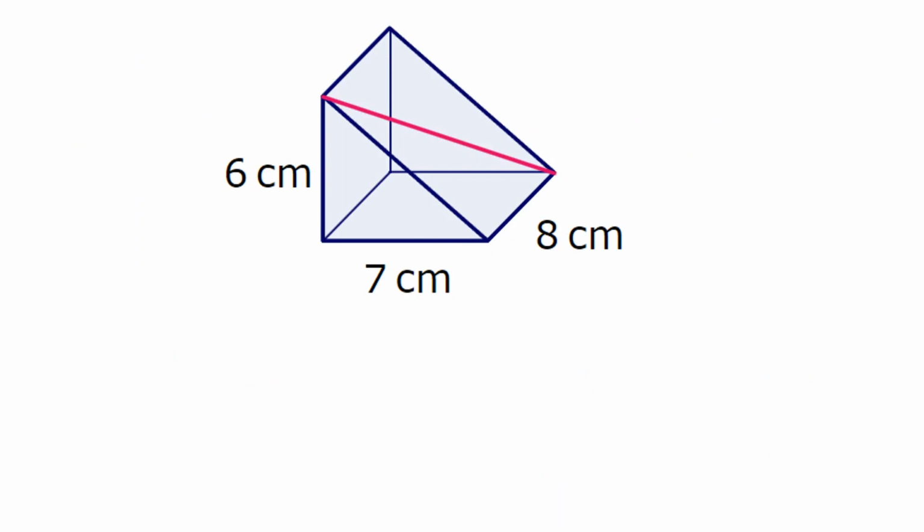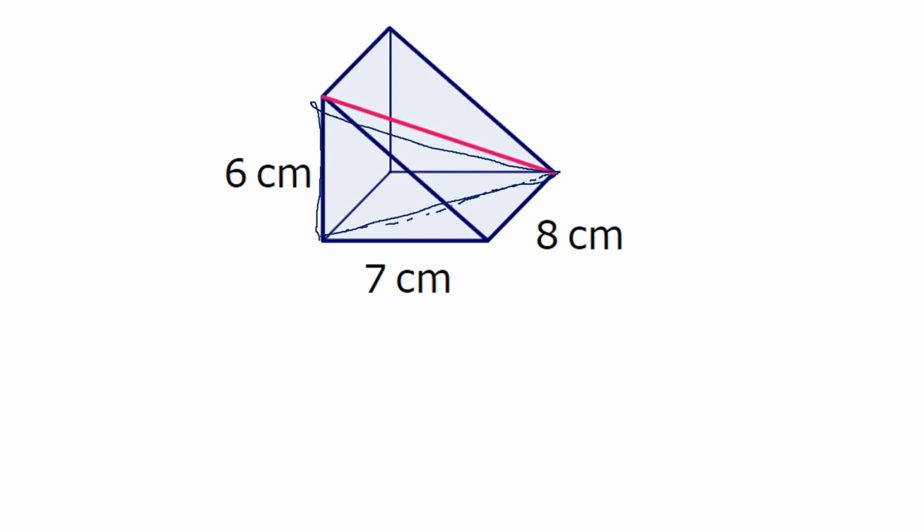It works the exact same if we have a triangular prism like this. We know that this pink line is the same as the hypotenuse of this triangle here. Okay?